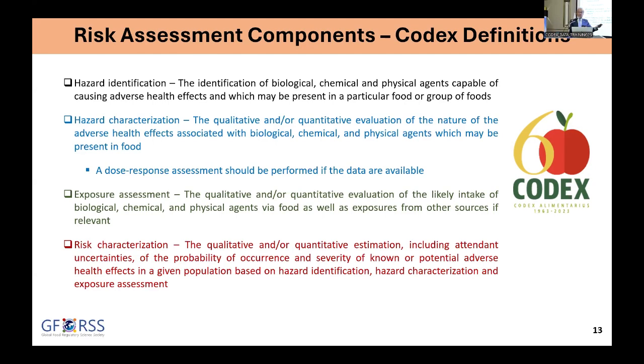The second influence is that I have no indication that the food where the hazard is occurring is consumed in the same way in France as it is in Oman, which means that the exposure is the element that varies from country to country. And because the exposure varies, the risk characterization will also vary.